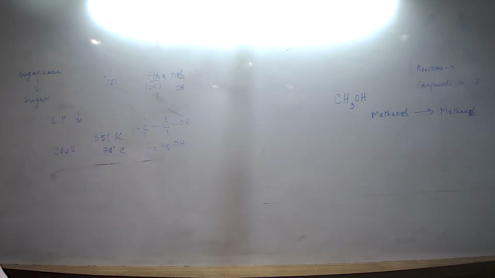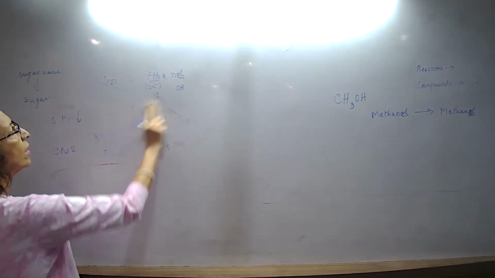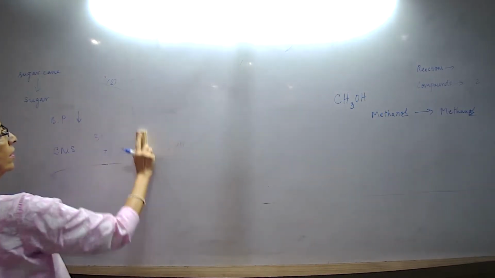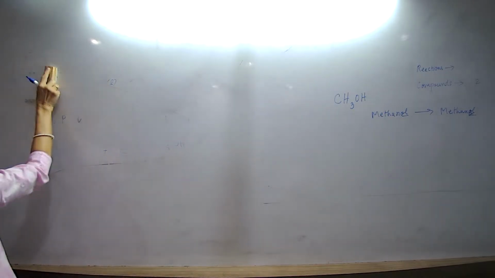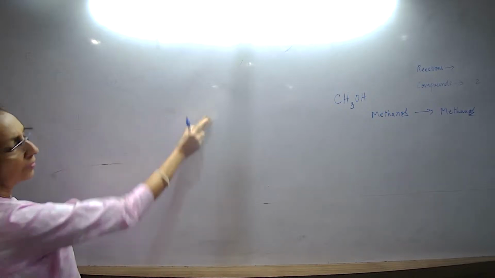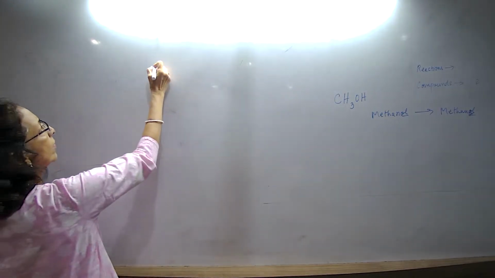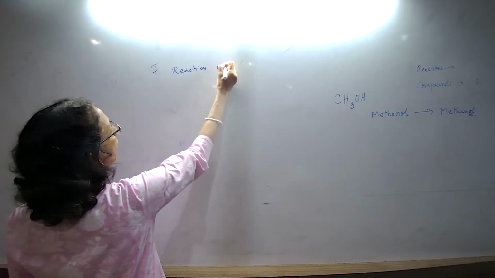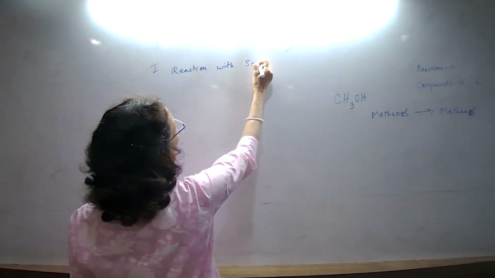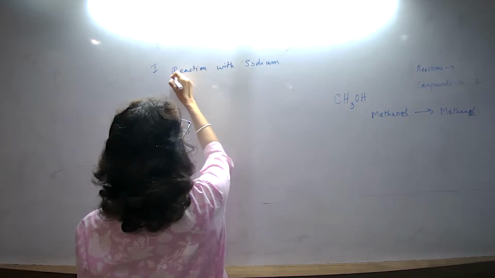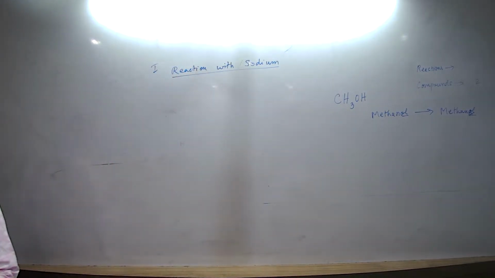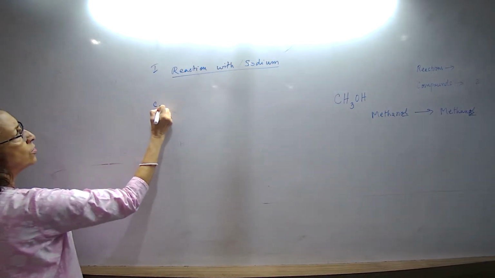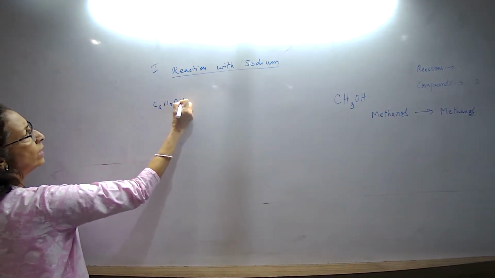First of the reactions that we are going to be talking about is the reaction with sodium. So what are we talking about? We are taking ethyl alcohol, C2H5OH.